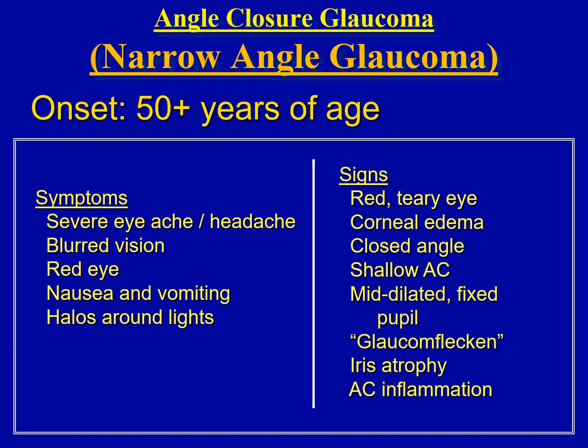As the patient presents with nausea, vomiting, and headache, sometimes they land in the medical department instead of the eye department. The patient also complains of severe blurring of vision, severe redness, and halos around lights.